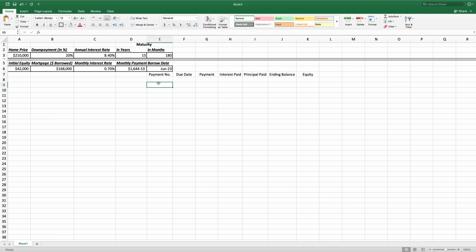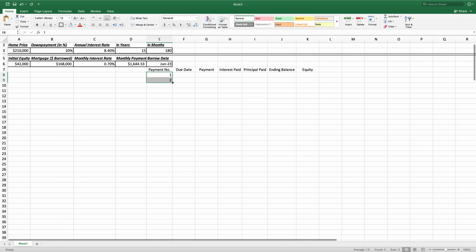So we know there's 180 payments, so starting here, this is where we're going to do our actual amortization schedule down here. I'll do the first payment, second payment, and then I want to have 180 rows, for each one of these 180 payments.